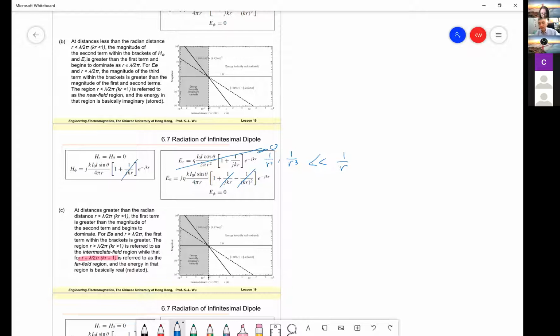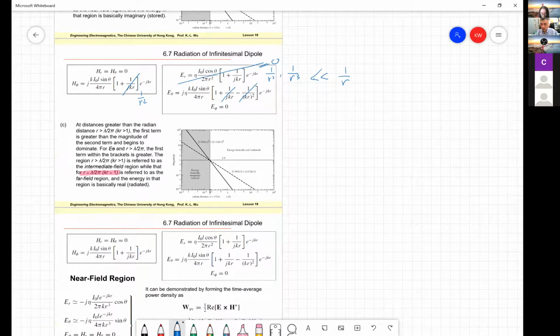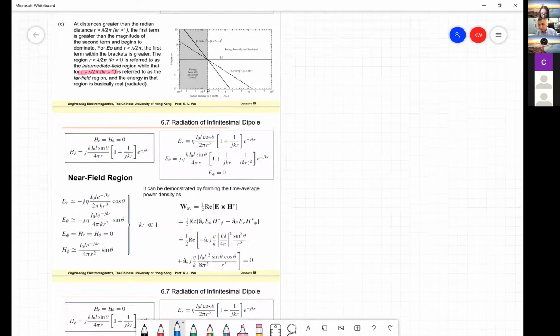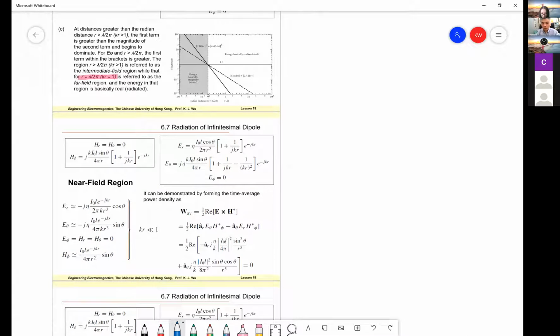For the magnetic field we omit this term because it is 1 over R squared. As a result, for the near field where the radial distance KR is much smaller than 1, the high order terms dominate.